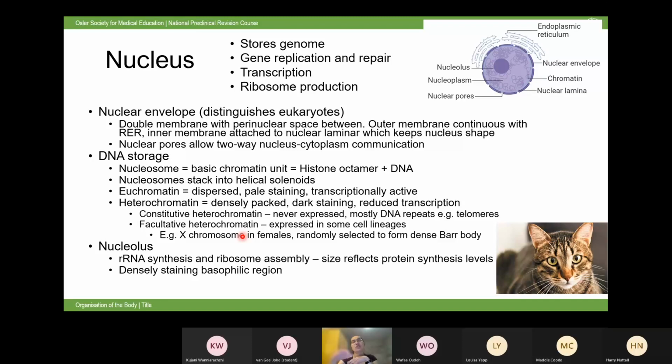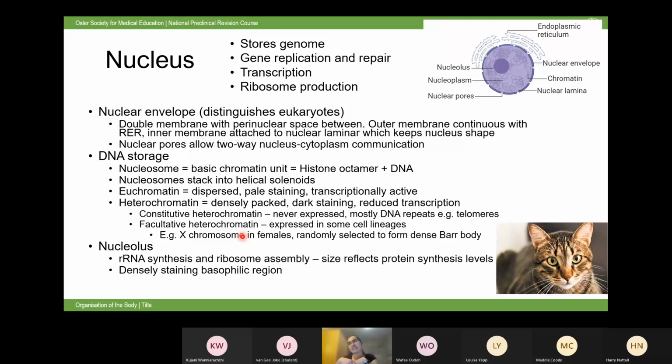And they get shortened throughout the cell life. And when it reaches a particular shortness, the cell will then enter senescence and will stop replicating. And then in comparison, facultative heterochromatin means that in some of the cell lineages it is expressed. And the classic example of this is the X chromosome.